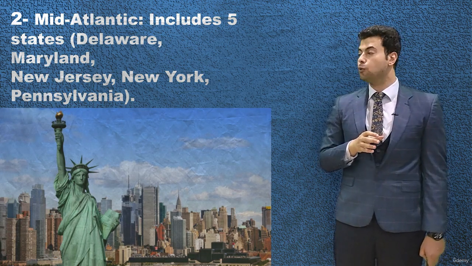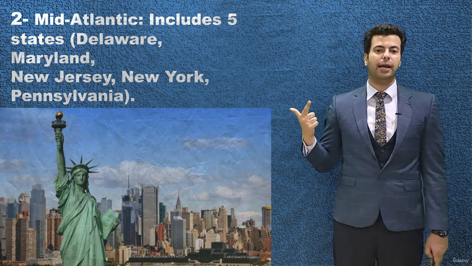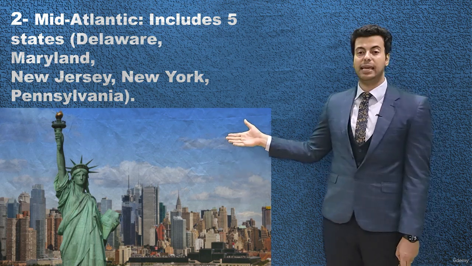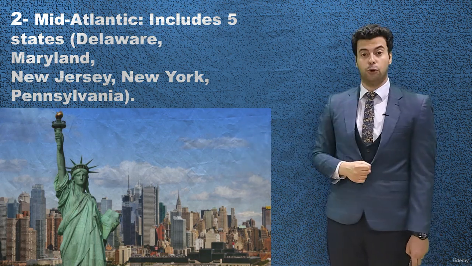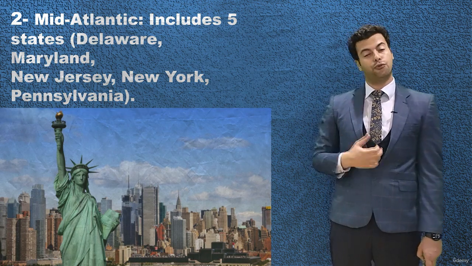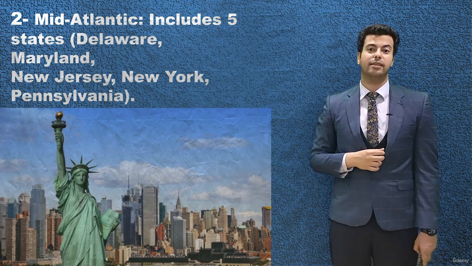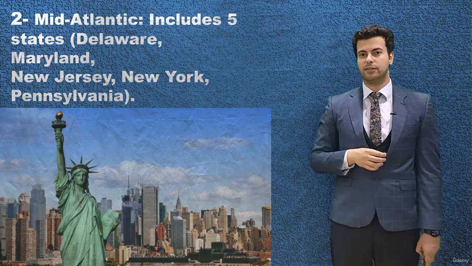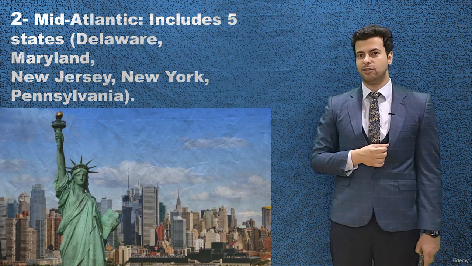The Mid-Atlantic includes 5 states: Delaware, Maryland, New Jersey, New York, and Pennsylvania. As you can see in this fascinating picture, for those who do not know, this is the Statue of Liberty. Funny story: the Statue of Liberty was to be placed at the entrance of the Suez Canal in the city of Port Said, Egypt.